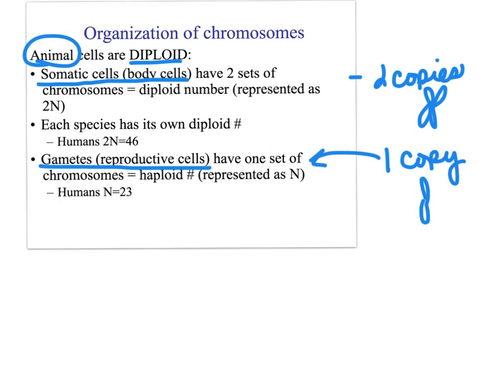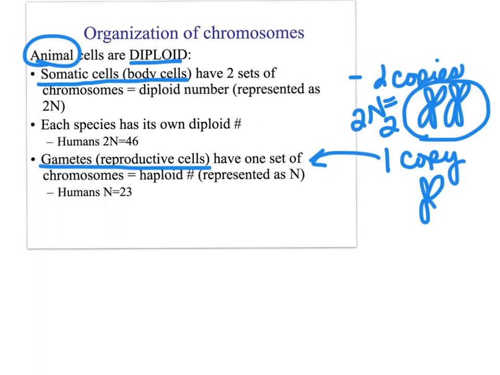This is not two copies of a chromosome at the top here. What this actually is is one chromosome that happens to have two chromatids. So what we would mean by two copies and one copy would be, for example, if this was a cell with a 2n or diploid number of 2, then a haploid cell would have an n number of 1.